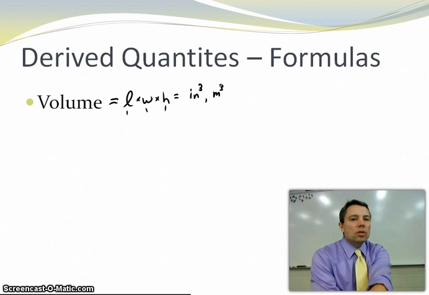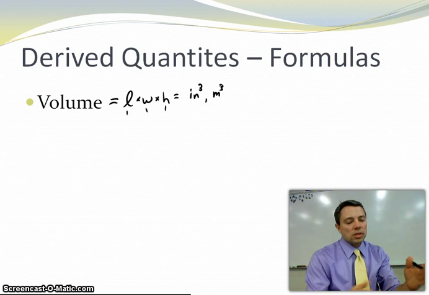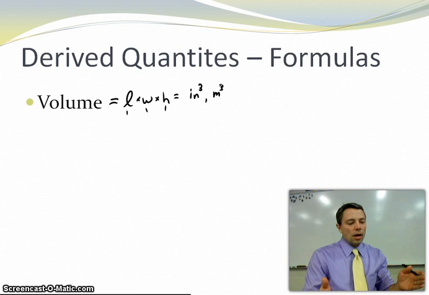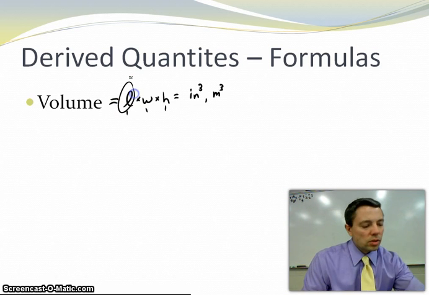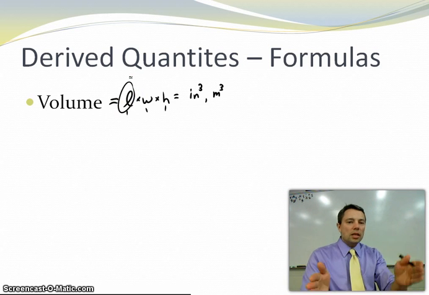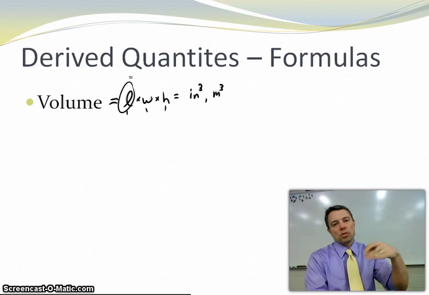The other way that we deal with volume, though, is we have a tendency to measure liquid volumes, okay? The way that the liter was defined first was by taking a cube that was 10 centimeters by 10 centimeters by 10 centimeters.